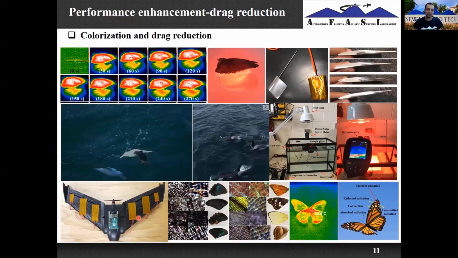What would happen if you increase the temperature of one side of the wing? Increasing the temperature of one side will help the aircraft have roll control. It means one side has more lift and the other side has less lift, so it creates a moment, and you can have roll control. These are some terminologies about roll, pitch and yaw, three different axes for the equilibrium or stability of the aircraft, which I'll talk about in future lectures.